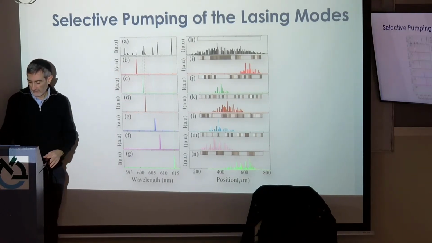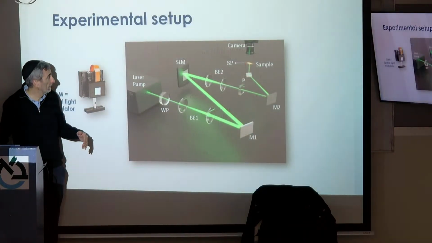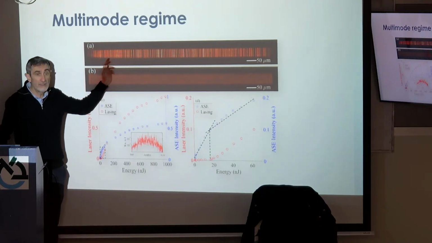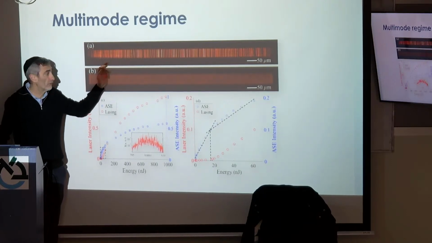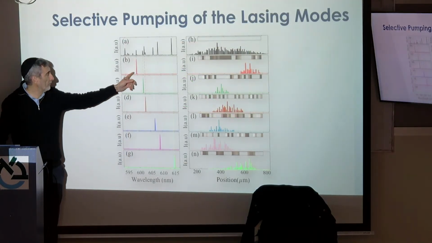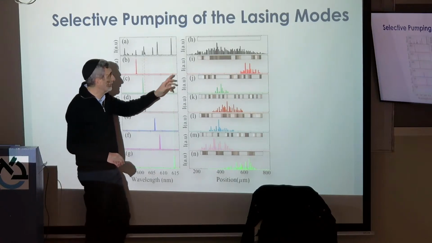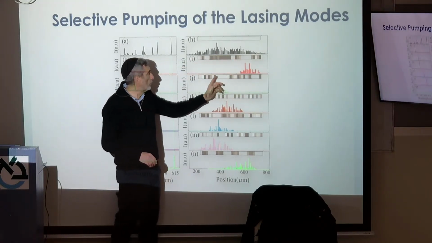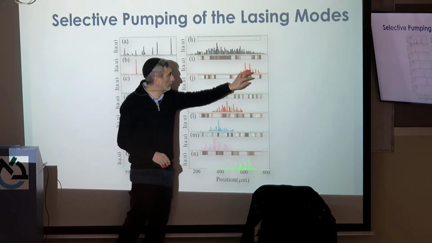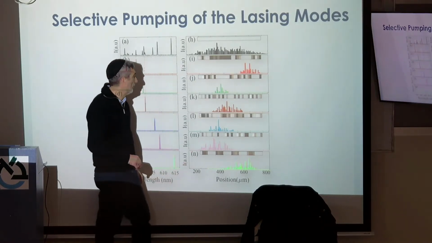The idea is that from the top of your sample, like here, you can image the emission of your laser. So if you look here, when you select a particular wavelength, for a given distribution of the pump, you observe, as a function of position, an intensity which is localized spatially inside the sample.